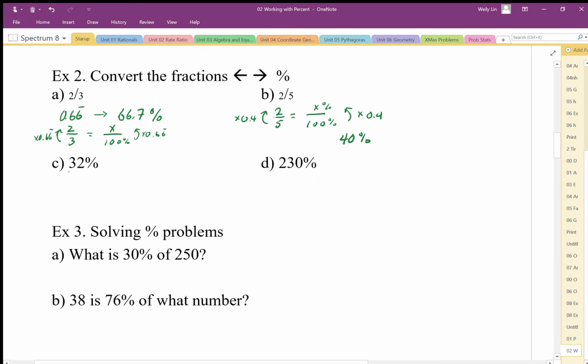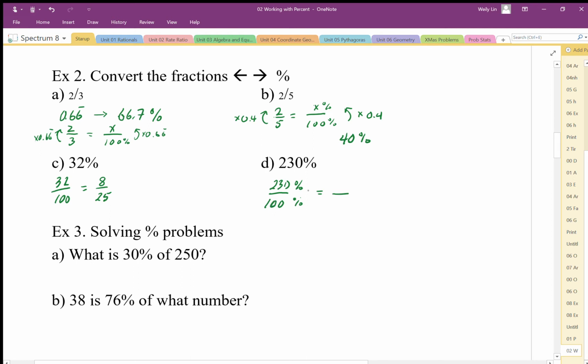Okay, so 32%, we're going to write it as 32 out of 100. Okay, and we can write it as a reduced fraction. Okay, we can divide by 4, and we get 8 out of 25. Okay, so same thing here, we can do 230%, okay, or 230% out of 100% whole.